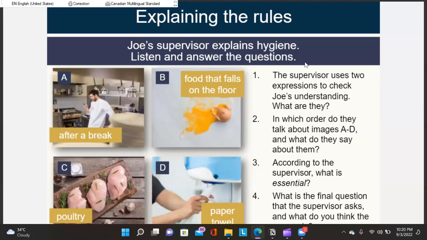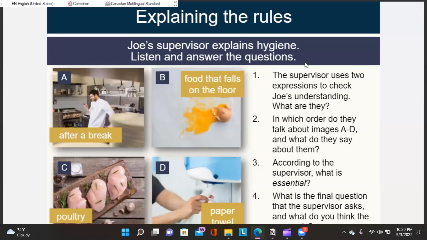So we said which expression he used, basically as the supervisor, to make sure that Joe is following him. So he's following the speech. As you can tell, does anybody have an idea? Vin, yes, go ahead, please.